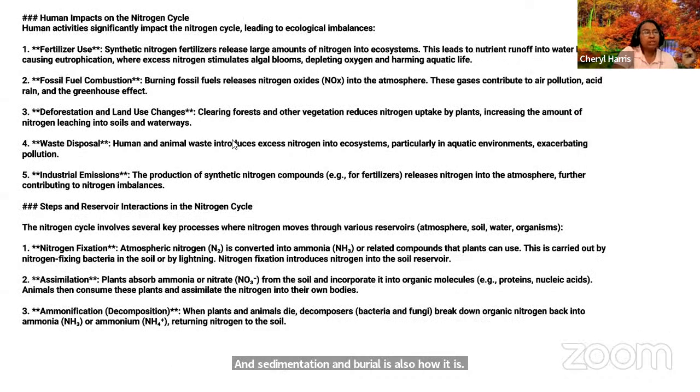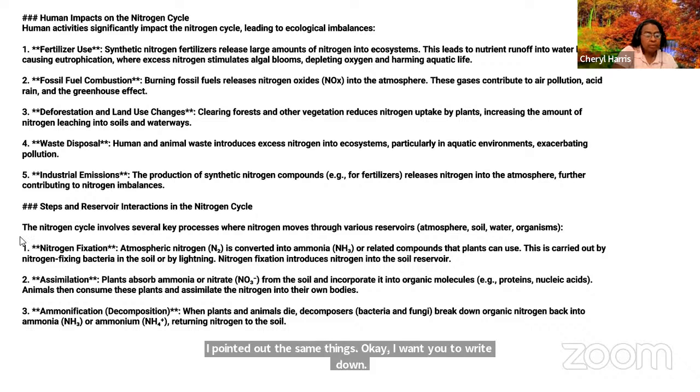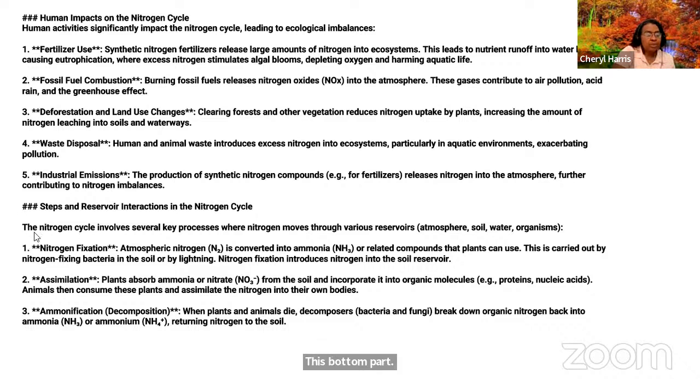Then we look at the nitrogen cycle. I want you to write down this bottom part, because you need to know the steps of the nitrogen cycle. Down here where it says the nitrogen cycle involves several key processes, please write that down. There is more, but I'll get to those on the next slide. The first step is nitrogen fixation.